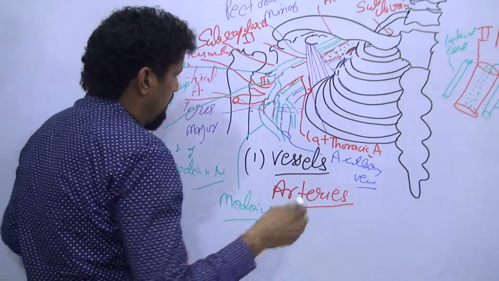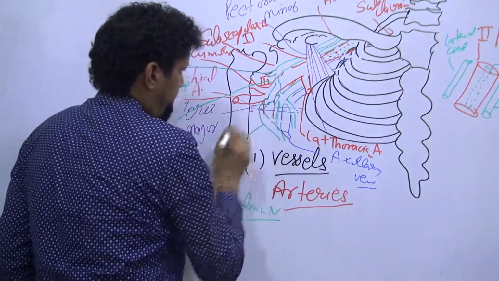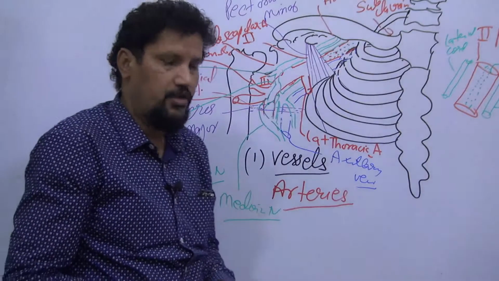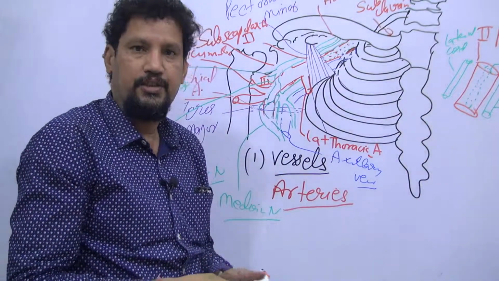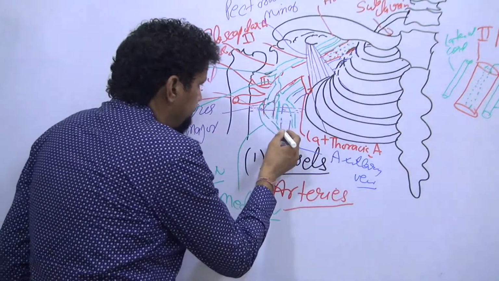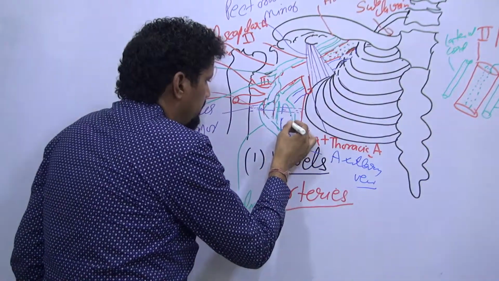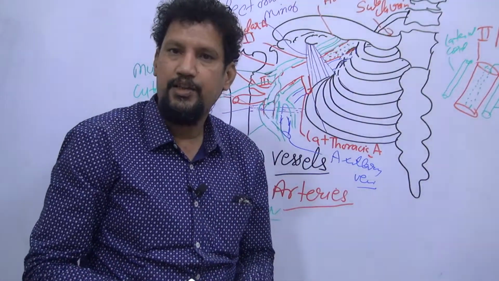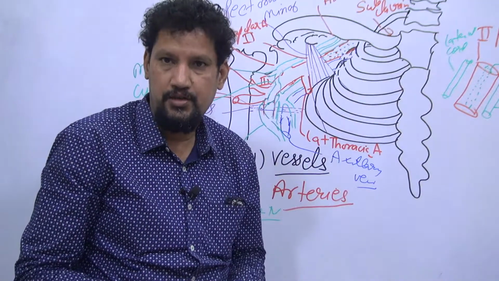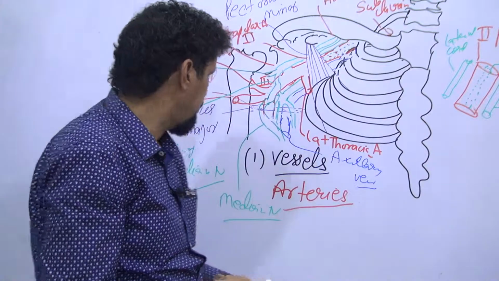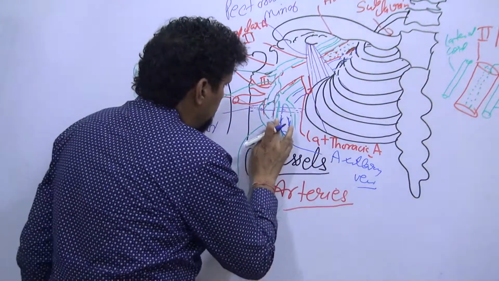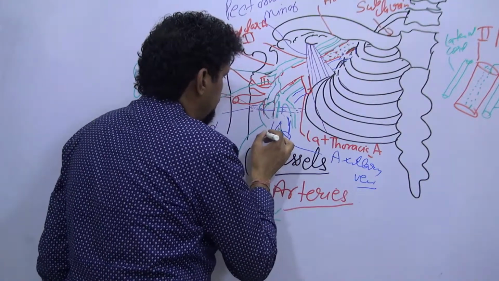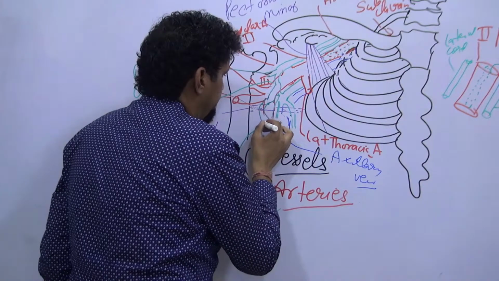And from this point, below the lower border of the teres major, the basilic vein and the 2 venae comitantes of the axillary artery, the first and the second.